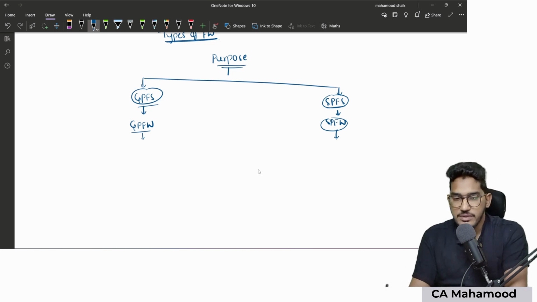General purpose framework refers to such a framework which fulfills financial information needs of various users of financial statements.